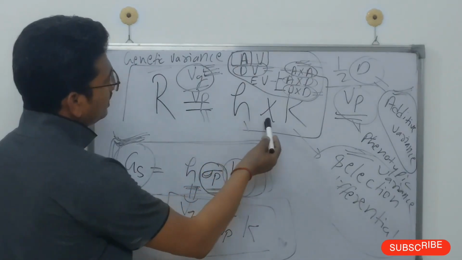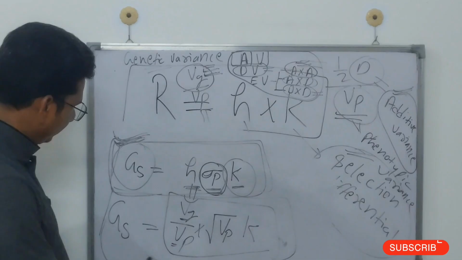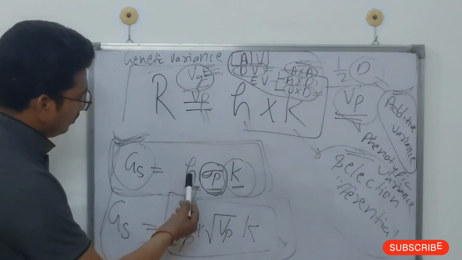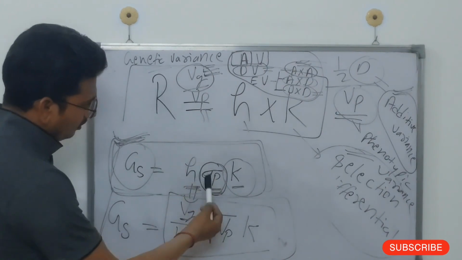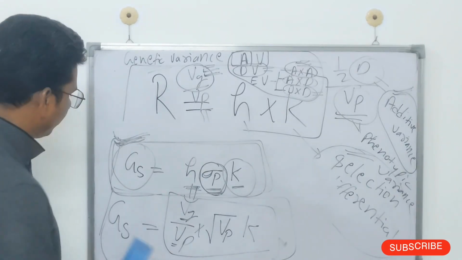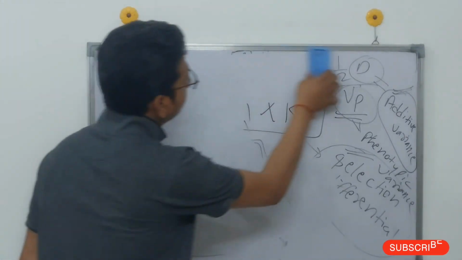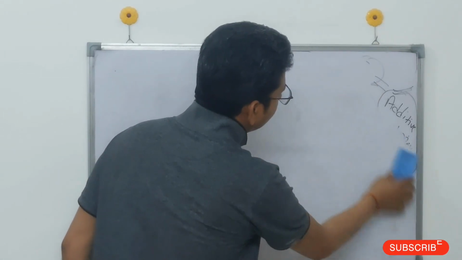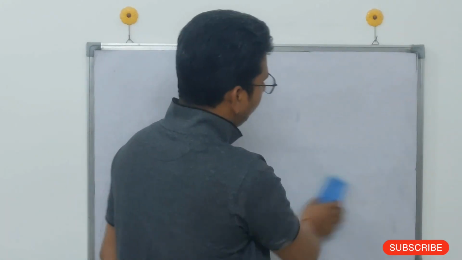R equal to H and K, and here we can say that genetic advance equal to heritability in broad sense, phenotypic standard deviation and K. This is sometimes also known as Breeder's equation. So I think you have got the point.